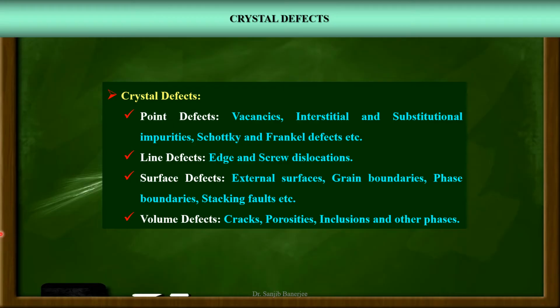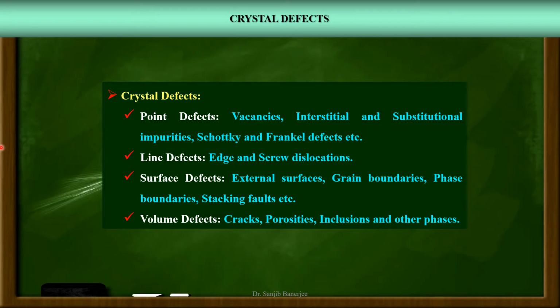The first one, the point defects, are the zero dimension defects, which represent the defects related to position, presence, or absence of any atom.